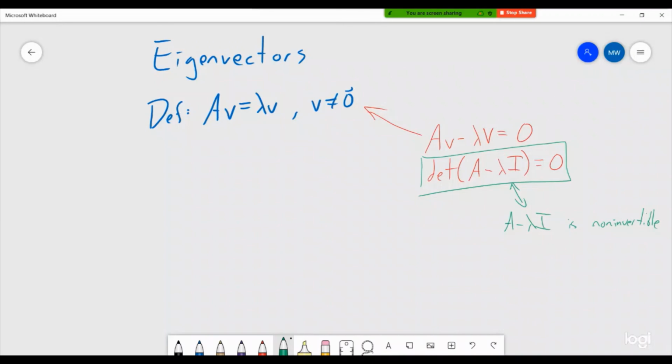Another thing that would connect is that A minus lambda I has a non-trivial null space.